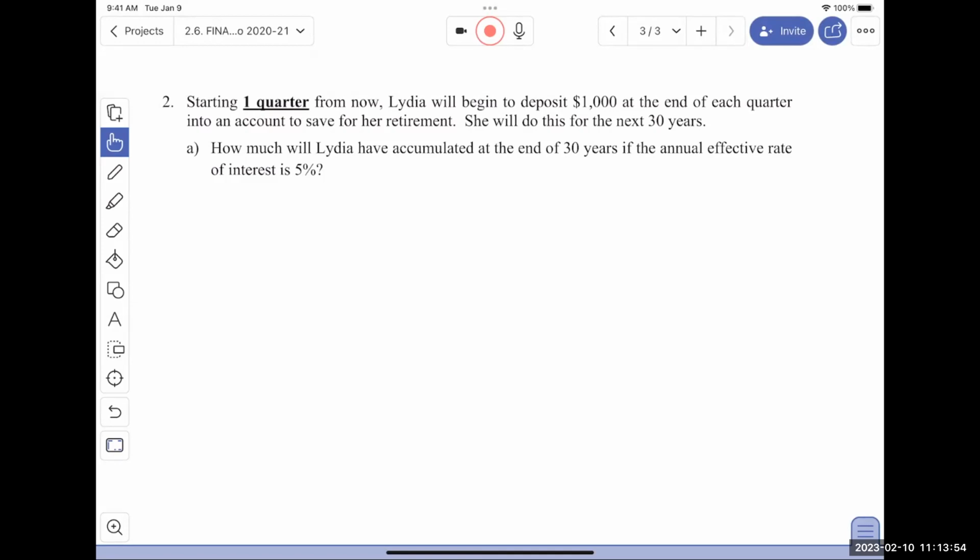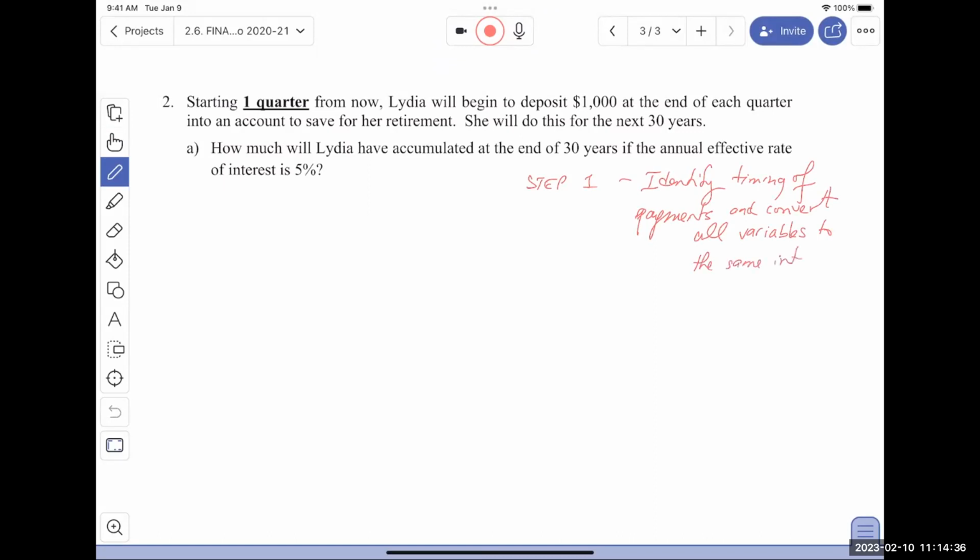So this first step, and I encourage you in the videos, is to identify the timing of payments and convert all variables to the same interval.